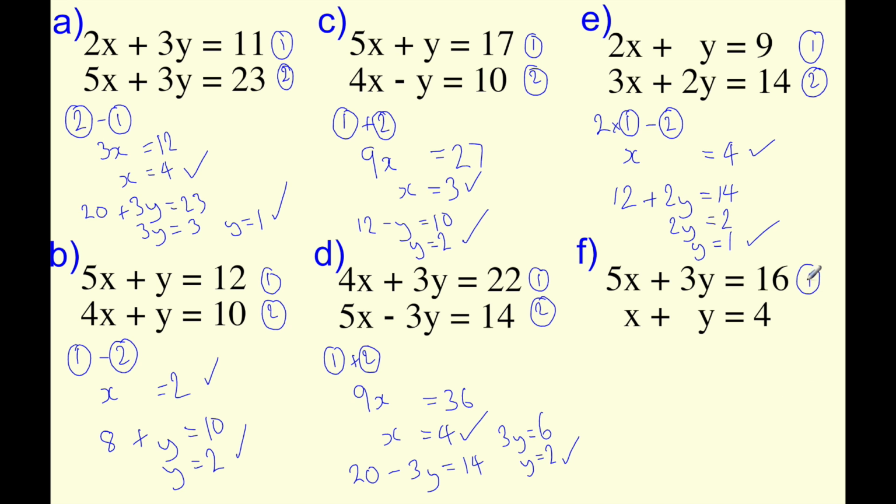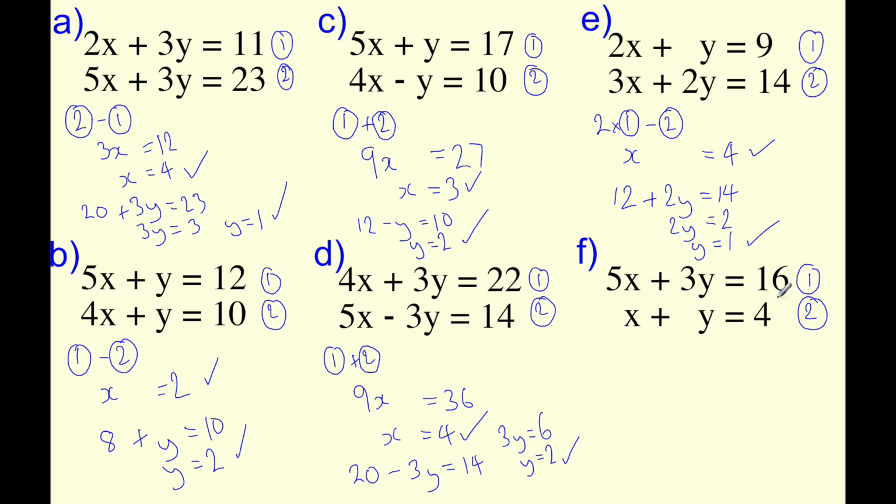And for the very last one, labelling them again, we could decide to have equation 1 take away 5 lots of equation 2, because then we'd have 5x. 5x take away 5x, it would eliminate the x's.